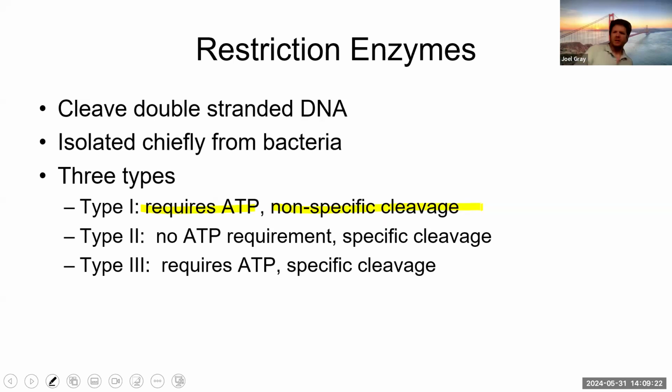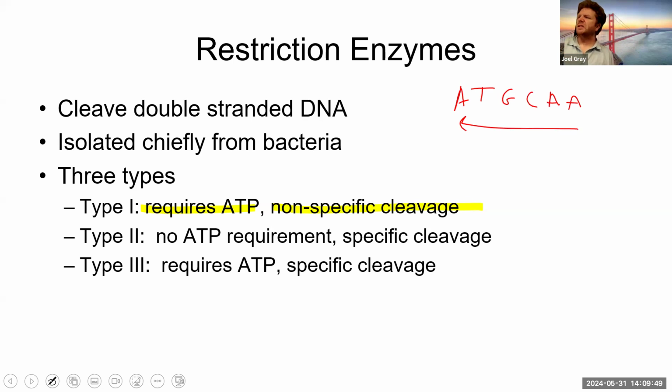Whenever I say non-specific, what I mean is, let's say we had a piece of DNA that looked like this. I'm just going to write one strand, 5' to 3', but I want you to understand that there is that reverse complement strand. So if we had a piece of DNA that was A, T, G, C, A, and you've got the opposite strand that aligns with that.